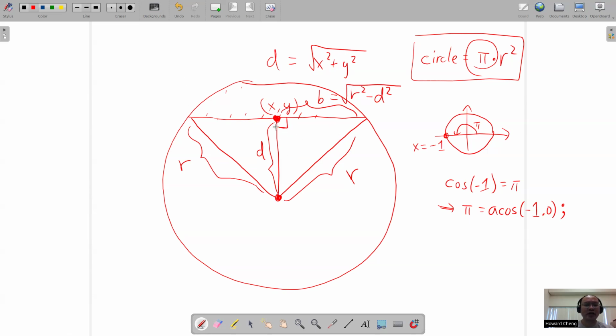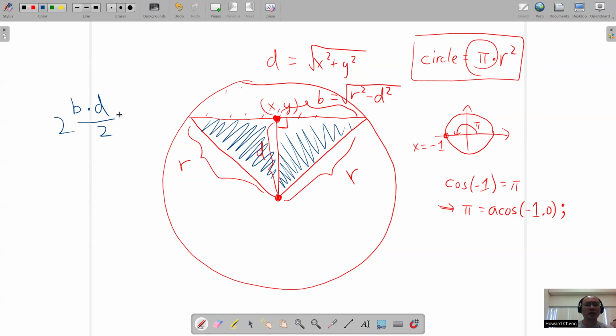So this area here is just b times d over 2. But you got two of these. So the whole triangle, the wedge triangle, just this part, is b times d.